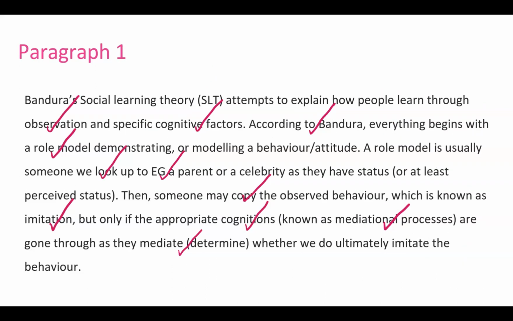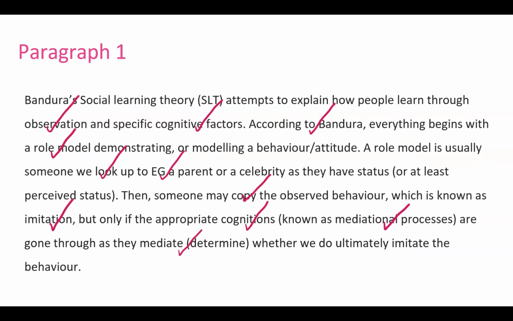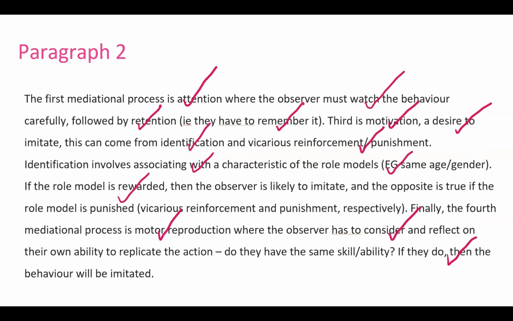So these two paragraphs together total just over 200 words, which is about right for a 16 marker. You really don't want to be writing any more, which is why it's better to leave the Bobo doll study for evaluation, so that you can make sure your answer is in the proportions of the description and evaluation, and your answer is in the same ratio as it is in terms of the marks.